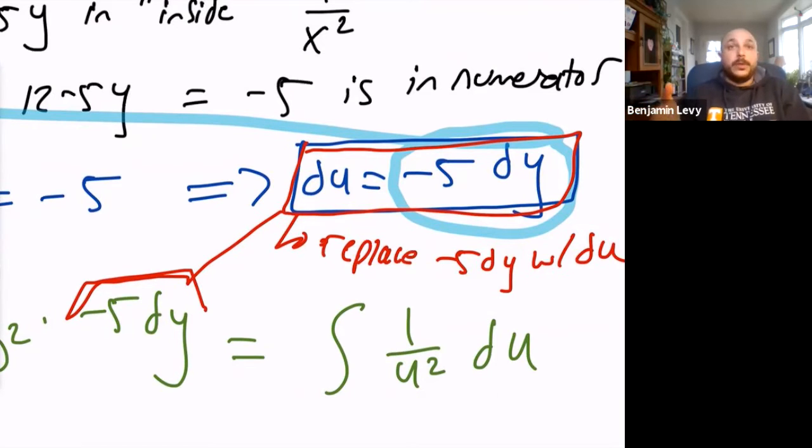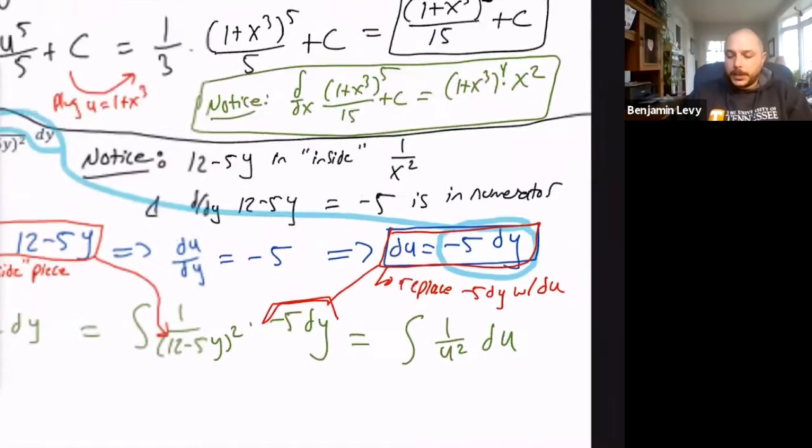Like the word equivalent literally has the word equal in there, right? And so you're saying it doesn't matter whether I write down -5 dy or I write down du, it's the same thing. And so, yes, just like you said, you take out the -5 dy, you're replacing it with du, and we've just shown, or at least based on the way we've constructed it, they're the same thing. Yes.